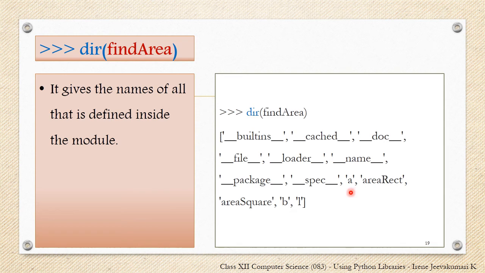Here the user defined names are A, area rect, area square, B and L. The names A, B and L were used as variables, and the names area rect and area square were used to define the names of the functions in the find area module. So in this way, the dir function gives the names of all that is defined inside the module find area.